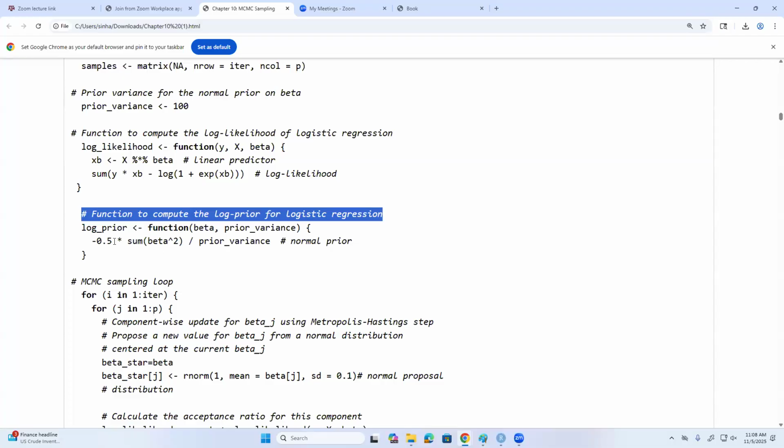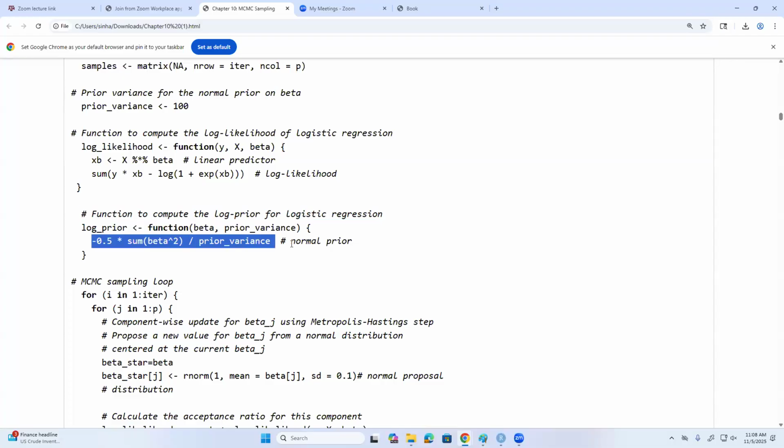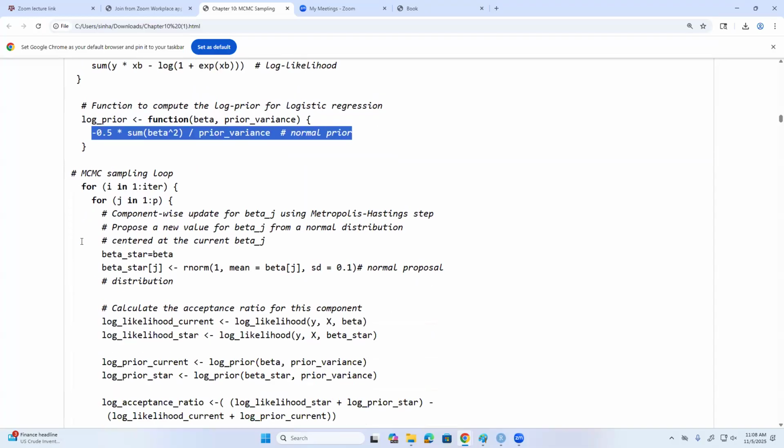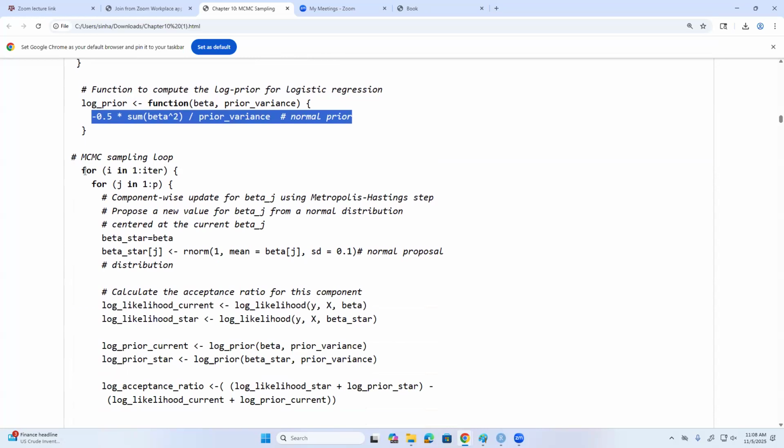So beta prior, now we put all the betas together. And then this is the MCMC sampling loop. This outside loop is over the number of iterations, and this inside loop is for every beta component.